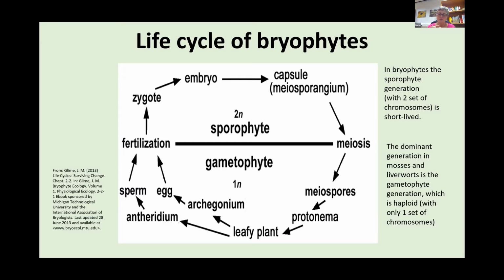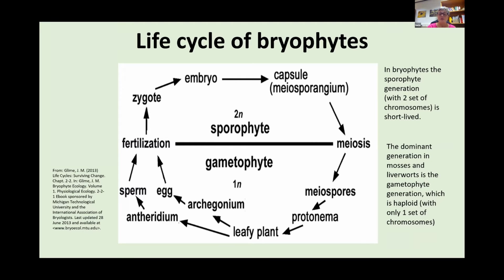It's either little threads of tissue that look a bit like an algal bloom on soil, or little bits of thalli, like little patches of tissue. For liverworts and hornworts they're thalli, and for mosses they are these little sticks of green tissue.